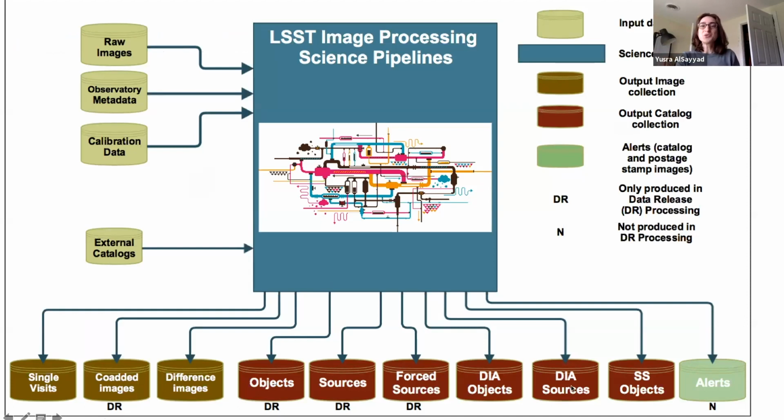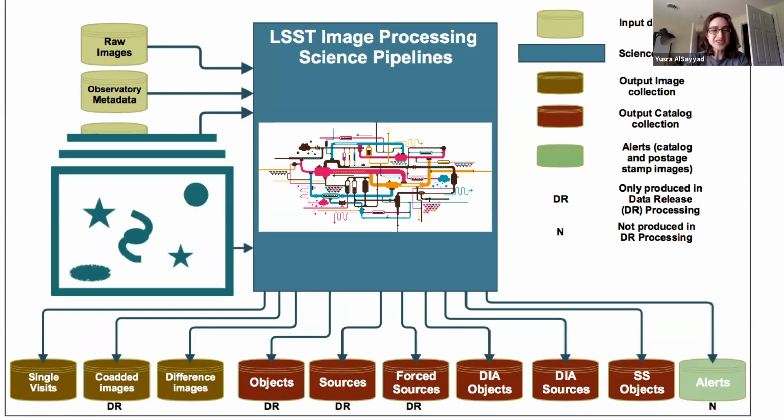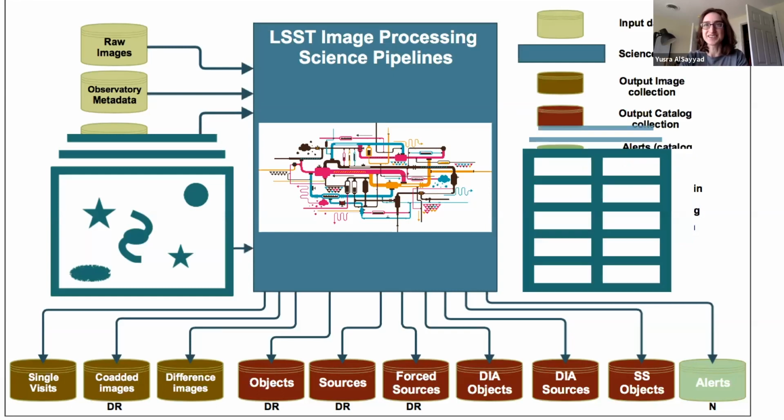But note that there are two major types of data products. We will be releasing images and catalogs. While we expect that the vast majority of science will be possible with catalogs, we know that you will invent new science that cannot be done with the catalogs alone.